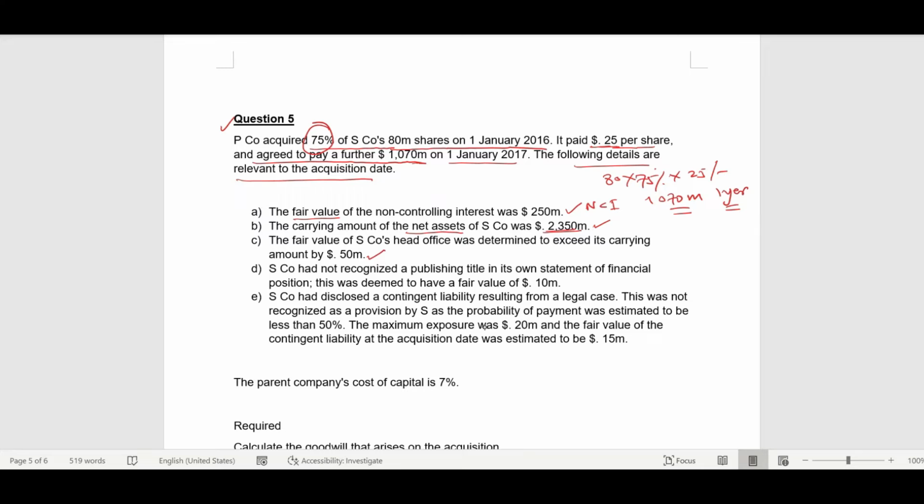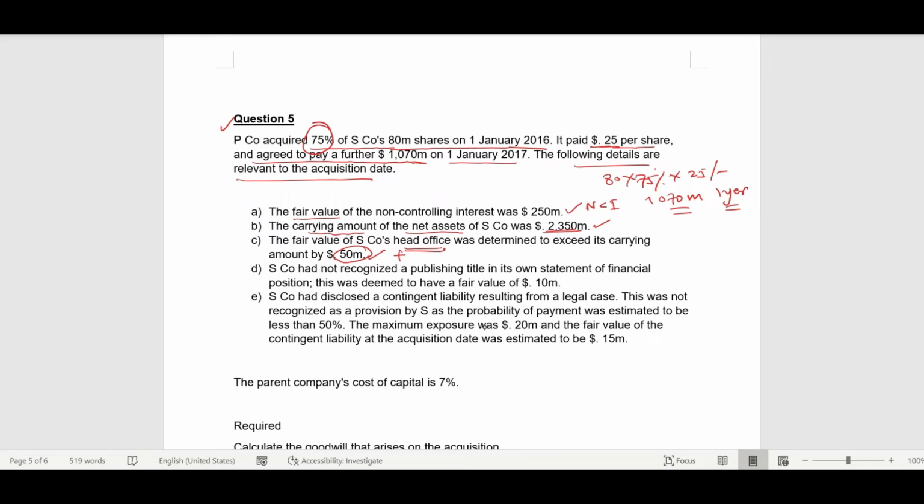So though you are given the carrying amount of the net assets as 2,350,000, the fair value of the head office exceeds the carrying amount by 50 million, so this amount will increase by 50 million.